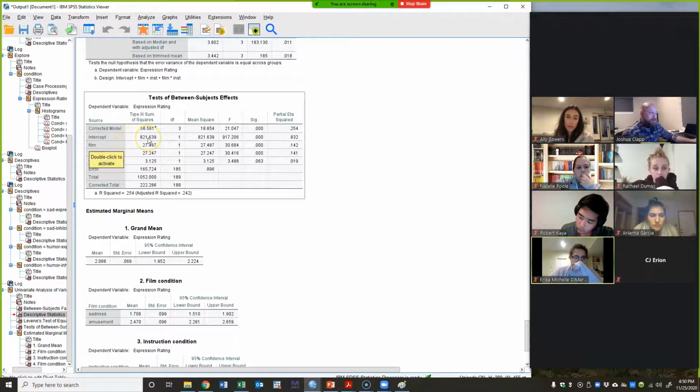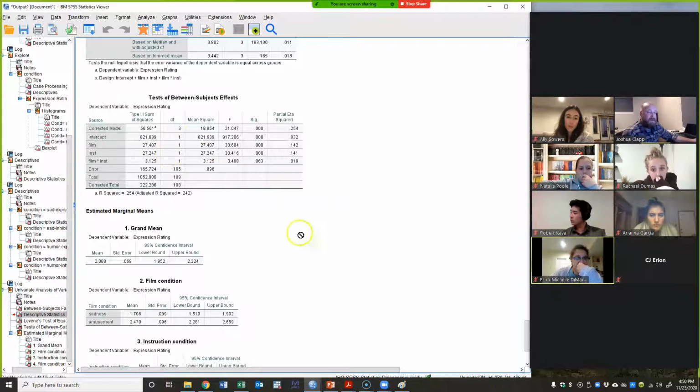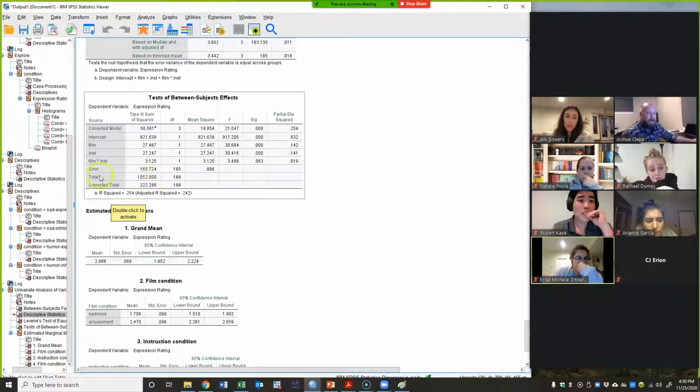Here's your intercept. Ignore that. That's just a test of whether or not the mean value for everybody is 0. It's not. That doesn't have anything to do with anything, so you don't have to worry about that. But down here you see effect of film, effect of instruction, film by instruction, error, and then we have your corrected total down here. Ignore total.